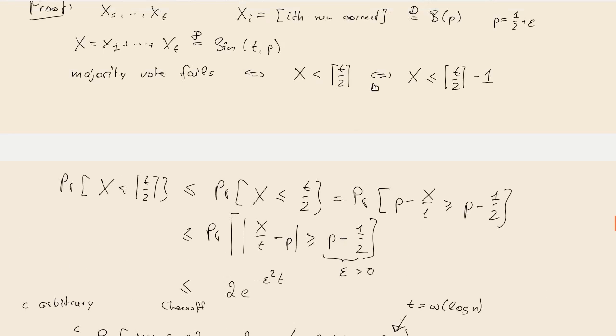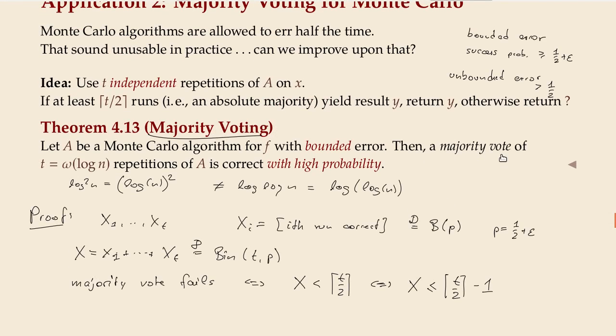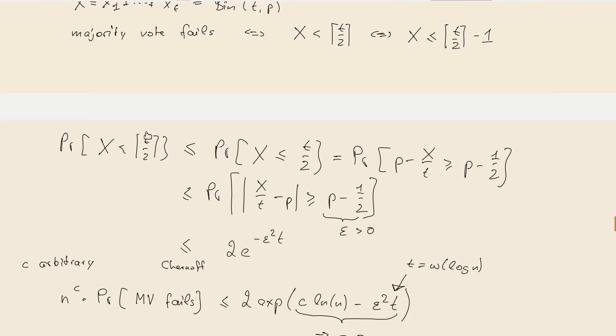Now in the theorem, we only said the majority vote is correct with high probability, which is only a statement in the asymptotic sense. But with the Chernoff bound here, you also get a bound on the probability to fail that is not asymptotic. The Chernoff bound is just an inequality.